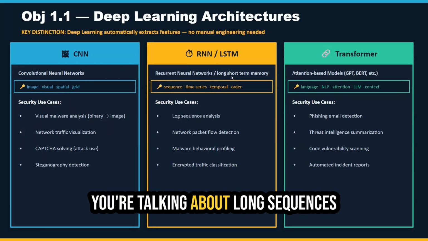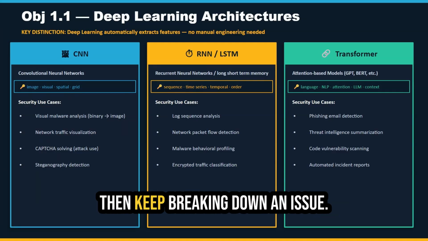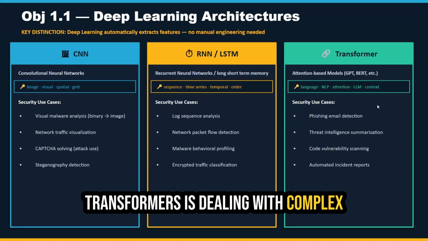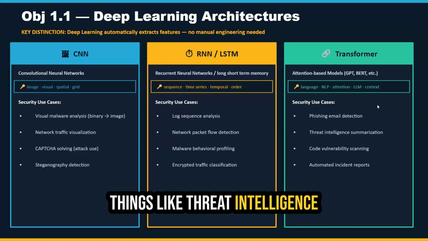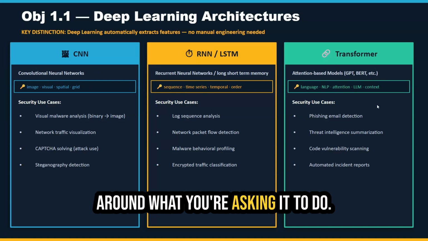Whenever you're talking about long sequences of data that has to be memorized and then keep breaking down an issue, you're talking about RNN. And transformers is dealing with complex things like threat intelligence, where it's finding the main issues around what you're asking it to do.